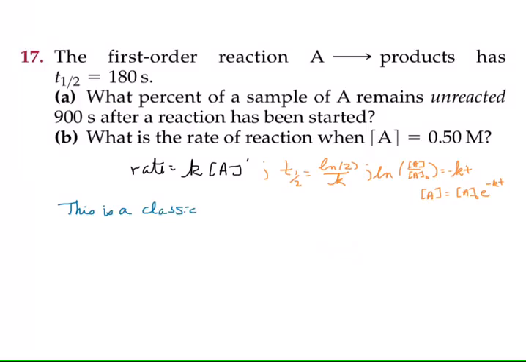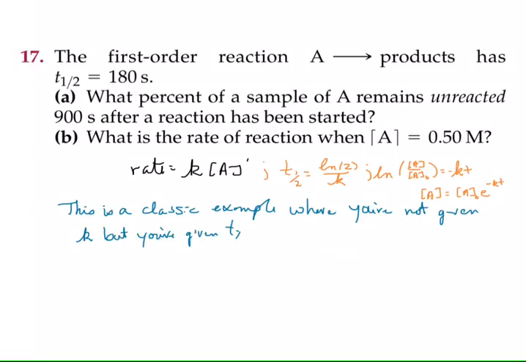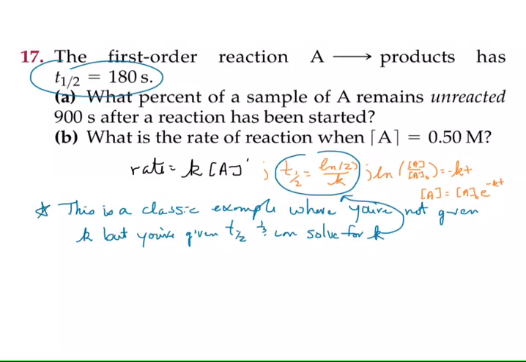All right. This is a classic example where we're not given K, but you're given t 1/2, and you can solve for K. Because you're going to need K in order to use the integrated time concentration equations. You can get K from the half-life. This goes back to what I was trying to say a minute ago.